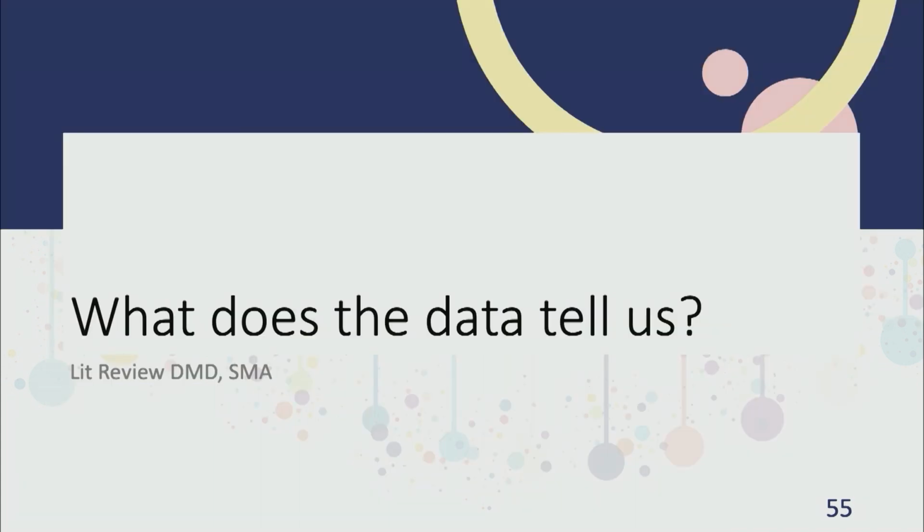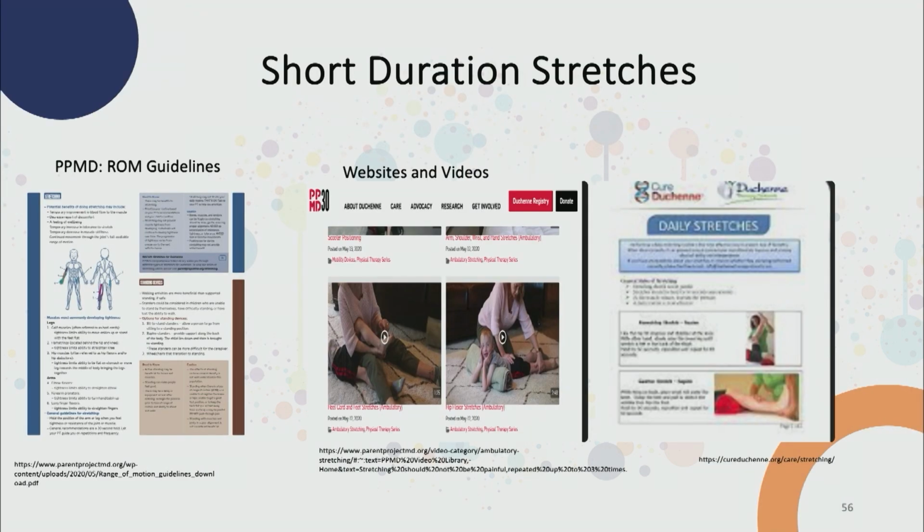So what does the data tell us? I'm guessing you guys can guess. But there's a lot of resources out there for stretching, safe ways to stretch, including PPMD's range of motion guidelines. And this all came out because we really had a hard time with the discrepancy in what clinicians were telling parents and families, that they need to have stretching because it's going to prevent a contracture, leading to a lot of guilt that is felt by parents because they couldn't stretch enough.